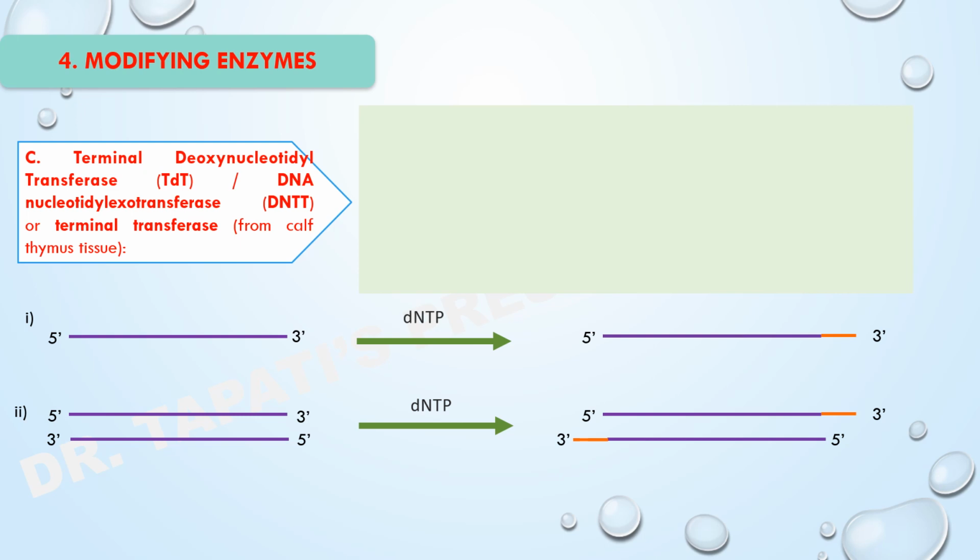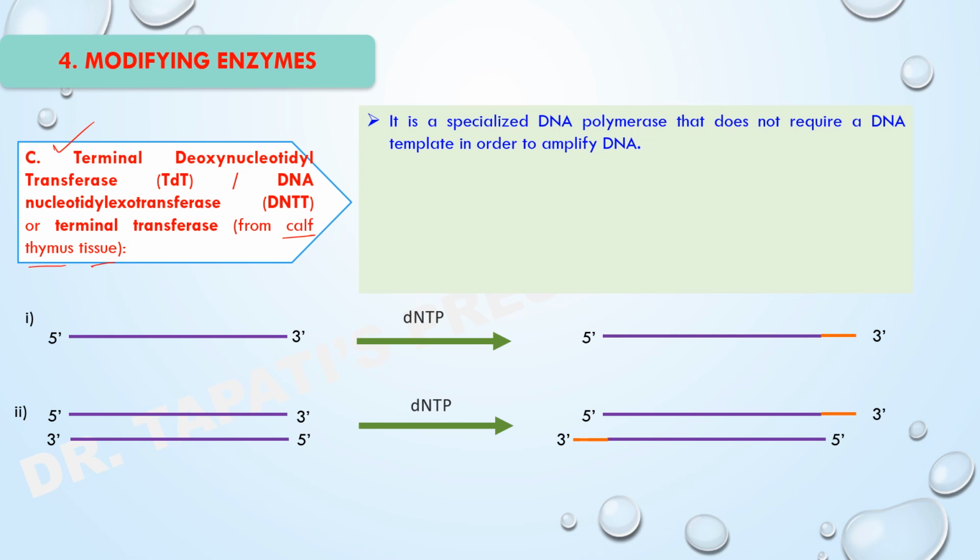Third example of a DNA modifying enzyme is terminal deoxynucleotidyl transferase, which is obtained from calf thymus tissue. It is a specialized DNA polymerase that does not require a DNA template in order to amplify DNA.